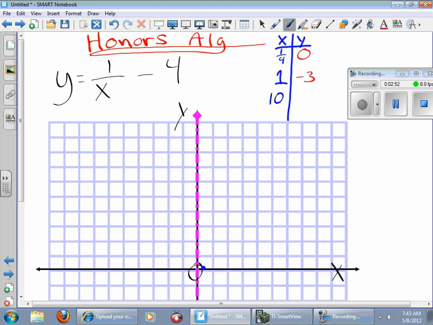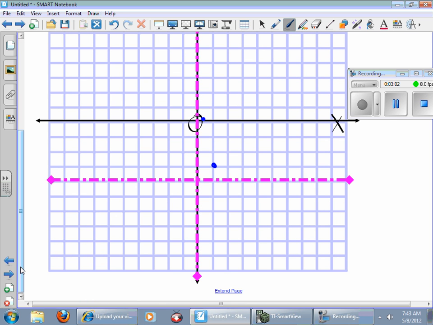If I have 4 and I take away a 10th, it looks like I'm going to have 3 and 9/10 left, 1/10 short of 4. All right, so -3 and 9/10. And that's going to be way out here. All right, getting very close to the place where y equals -4, but never actually getting there.